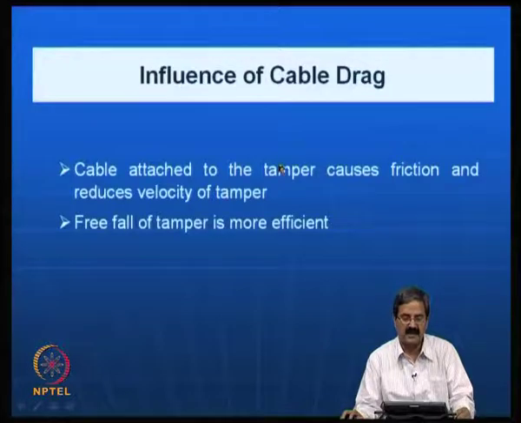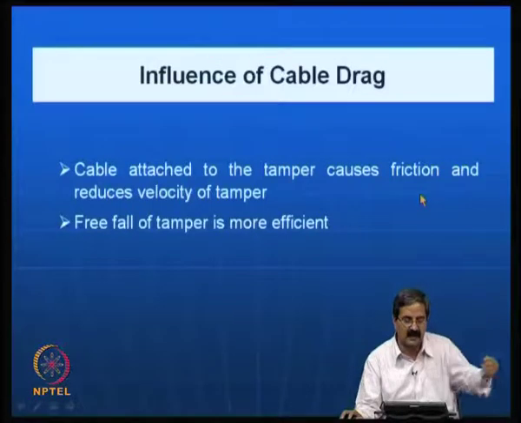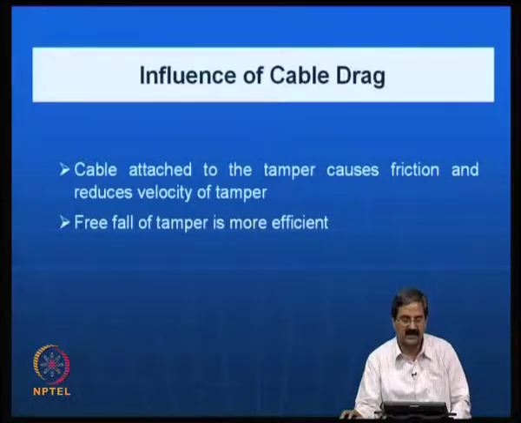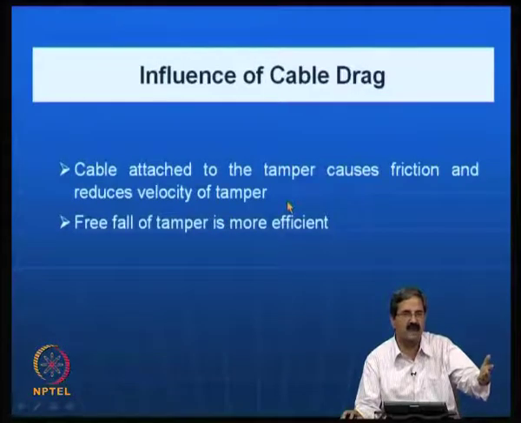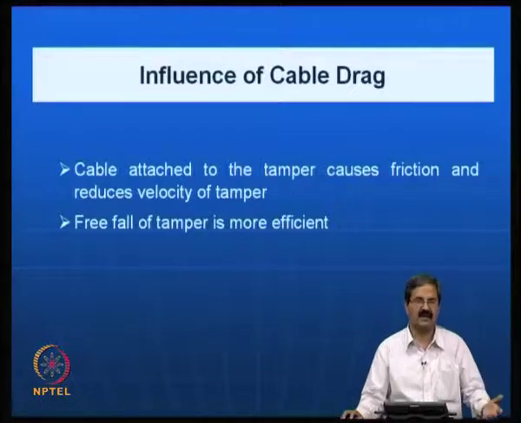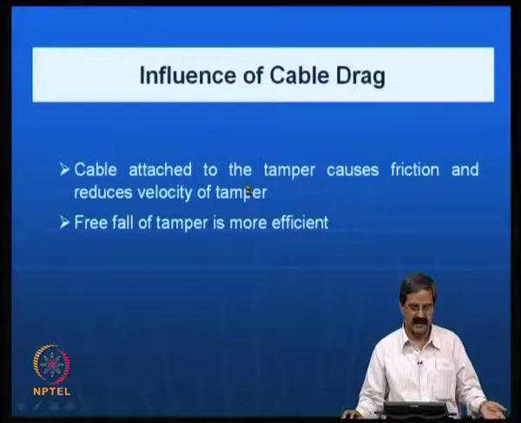What is the influence of cable drag? You have seen in the photos that a cable is attached to the tamper, and it causes friction and reduces the velocity of the tamper. It is supposed to be a free fall, similar to an SPT test. If it is not falling freely, then the total energy into the system may not be fully realized.